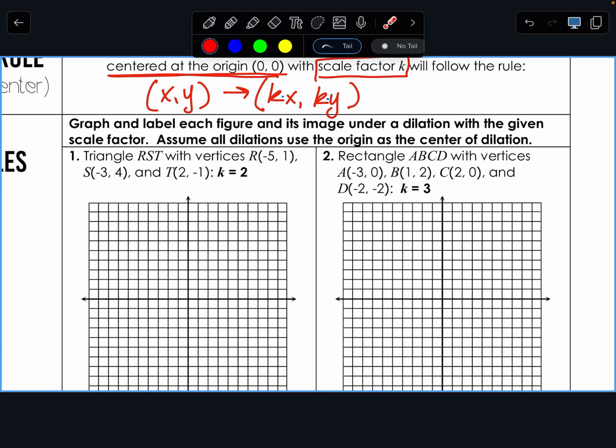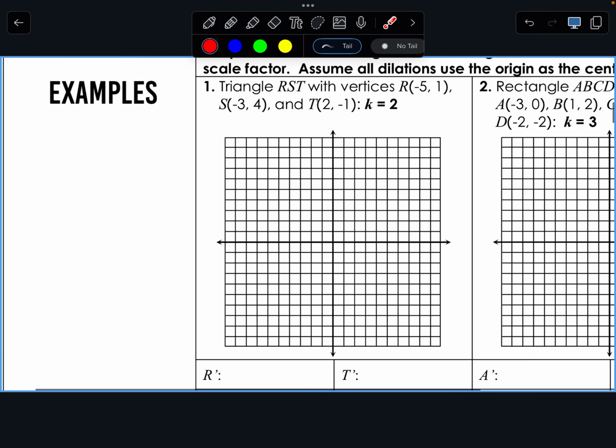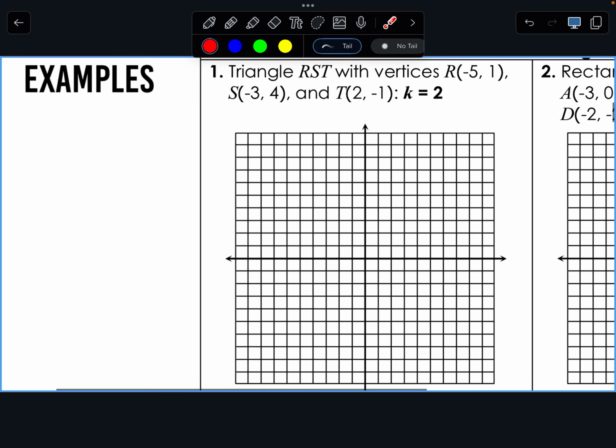Assume all dilations use the origin as the center of dilation. So that's important. We're only using the origin, but in later objectives, you might use a different spot as your center of dilation.